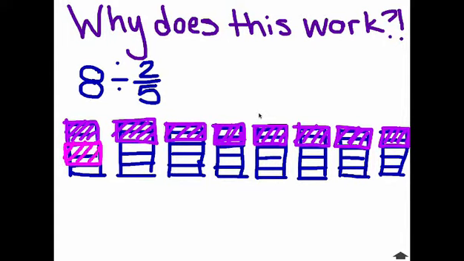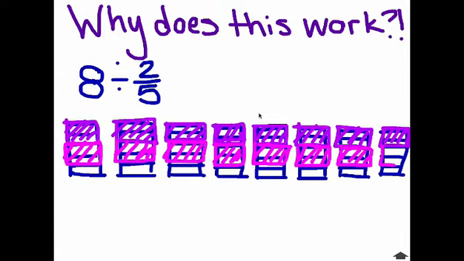So we're going to have 8 more sections of 2/5 from each of our 8 containers, which means that in the 8 containers we have 16 whole sections of 2/5.